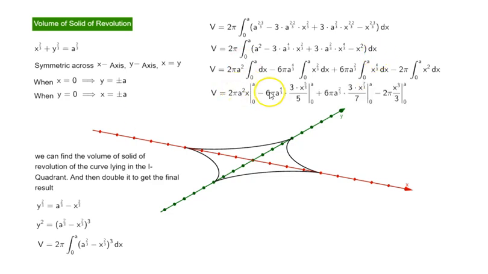Okay, now let's integrate. We have 2 pi a square, integral of 1 dx is x from 0 to a, minus 6 pi a^(4/3) times, the integral of x^(2/3) is x^(2/3 + 1) over (2/3 + 1).